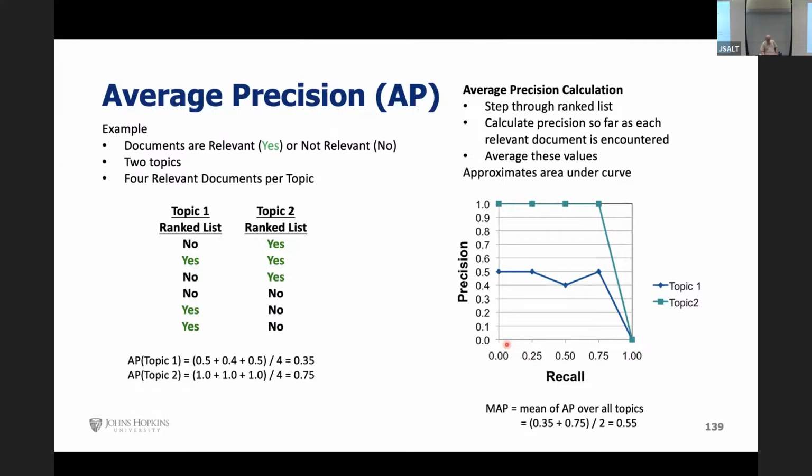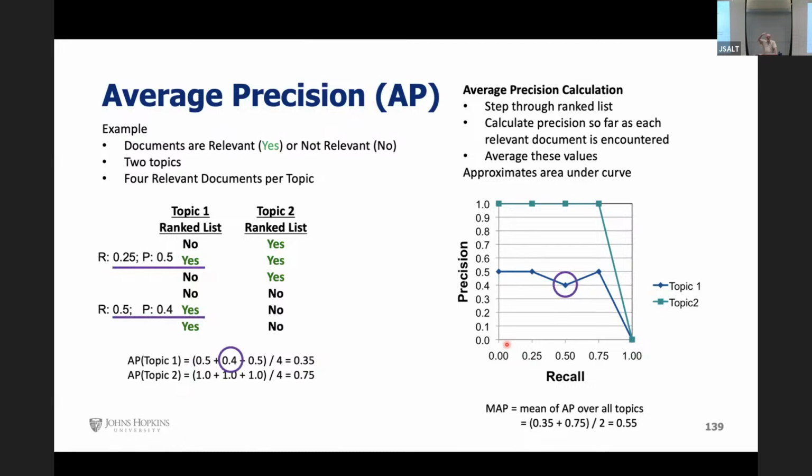Here we have topic 1. The first relevant document is at position 2. There our recall is 25%, let's say there are 4 relevant documents, and precision is 0.5, because at that point we have 1 relevant and 1 non-relevant.